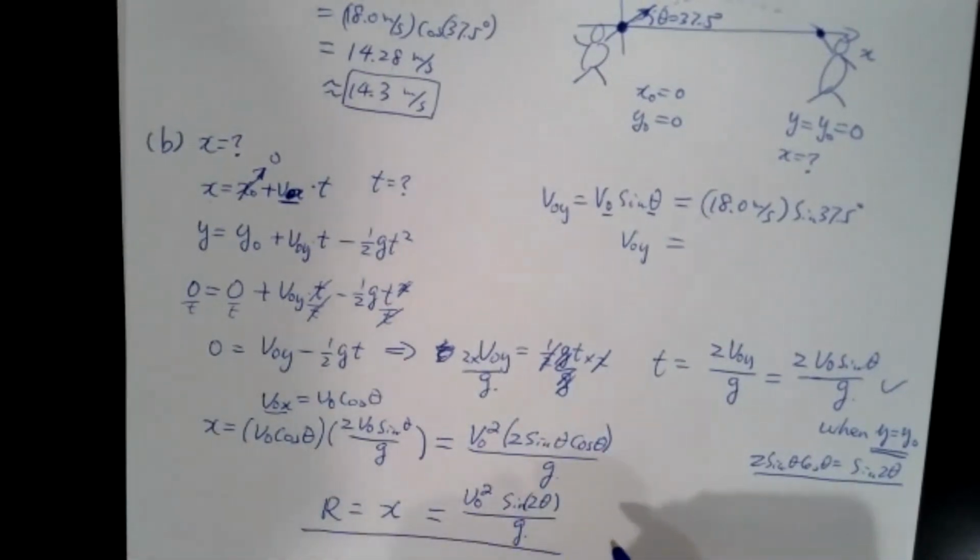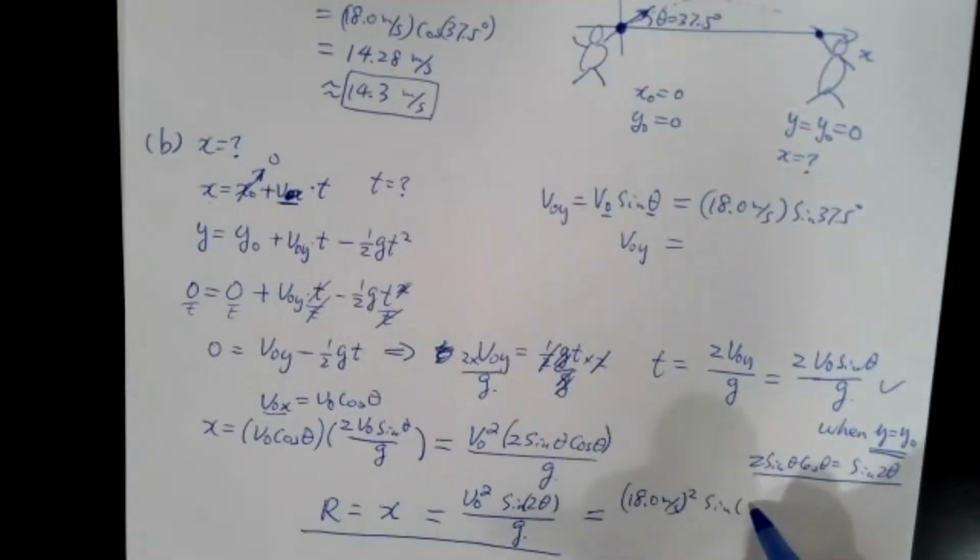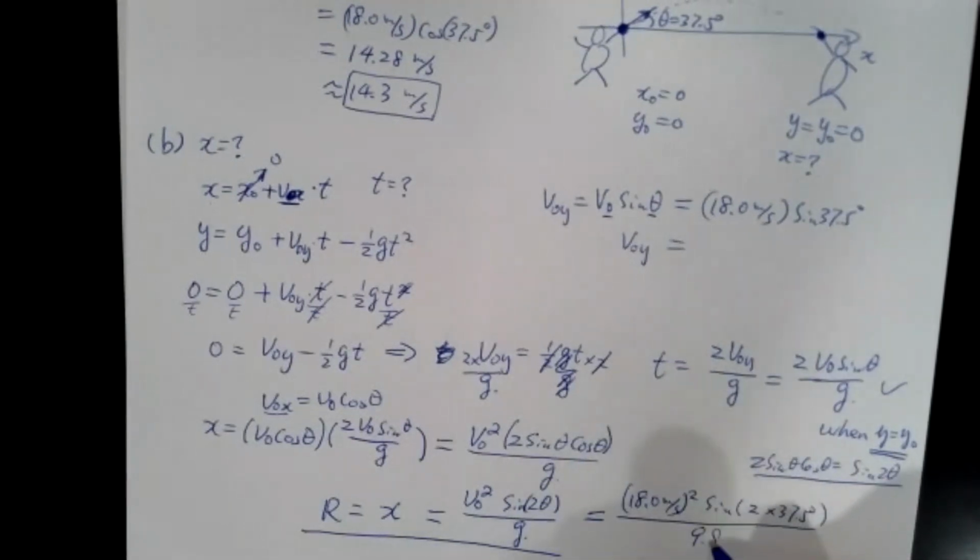Now you can plug in your numbers in the final step: 18.0 meters per second squared, sine of 2 times 37.5 degrees, divided by 9.80 meters per second squared.